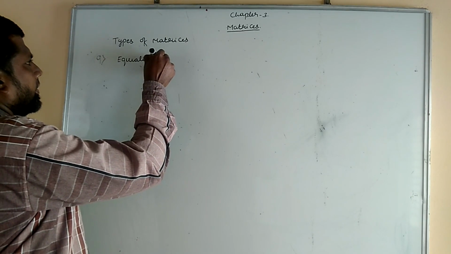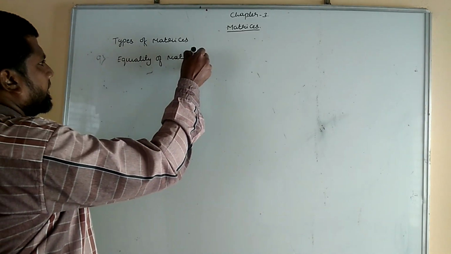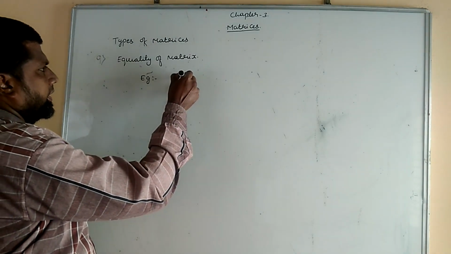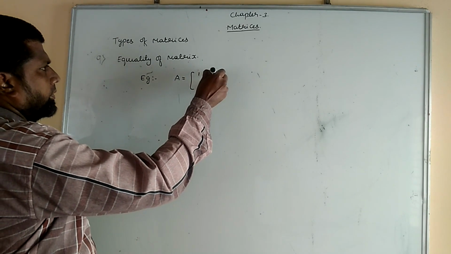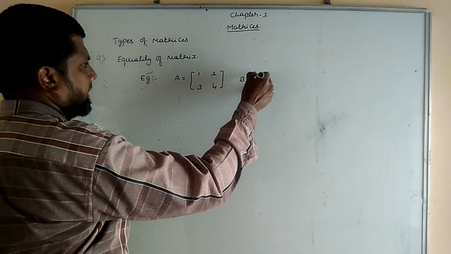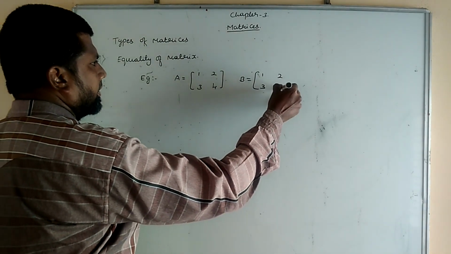The last type is equality of matrices. Let us take an example. Two matrices will be there: 1 2 3 4, and the second matrix is also 1 2 3 4.